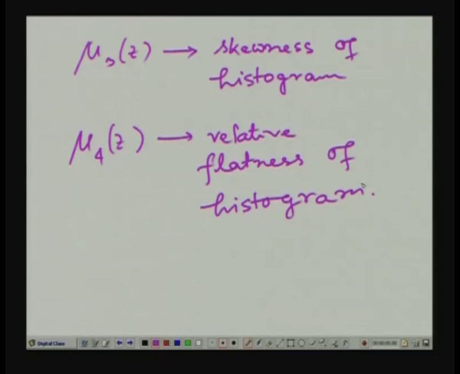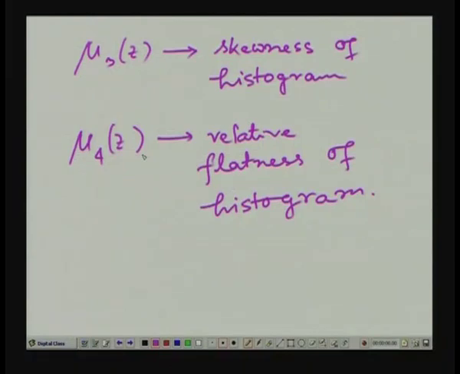So, normally the texture descriptors which are derived from the gray level histogram use up to fourth order histogram moments. The moments of higher order like fifth order or even higher are normally not used, but if you use them, they will give more and more finer descriptors of the texture.